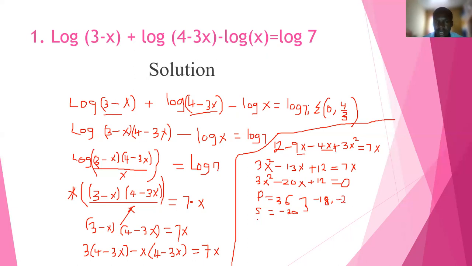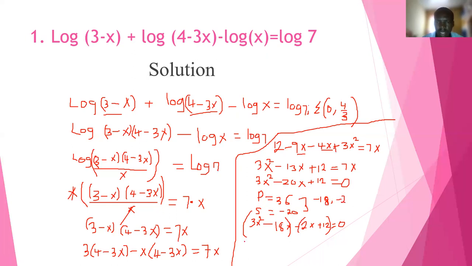So let us see this. So now we'll have 3x squared minus 18x minus 2x plus 12 is equals to 0. So now let's factorize this one like this, this one also like this.